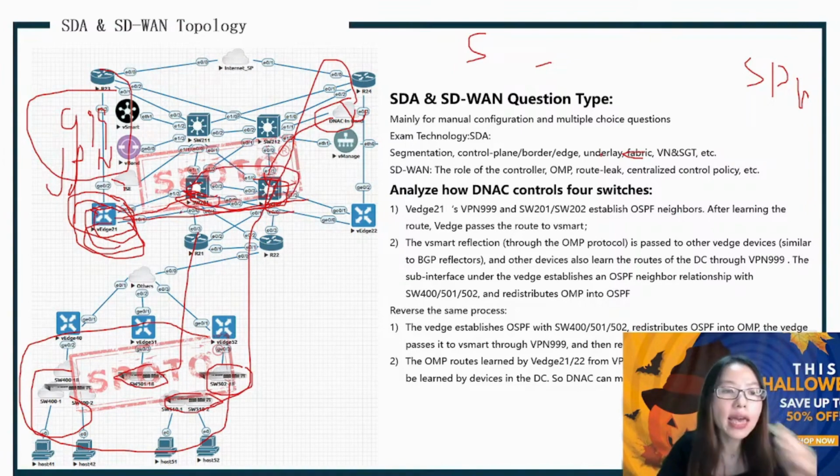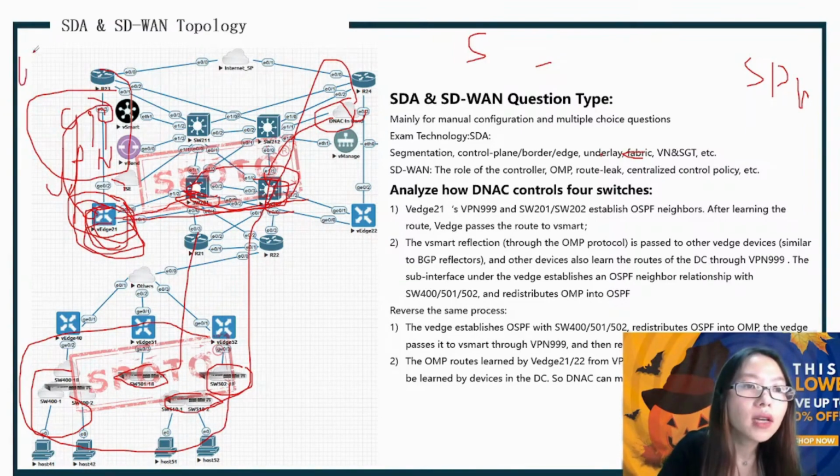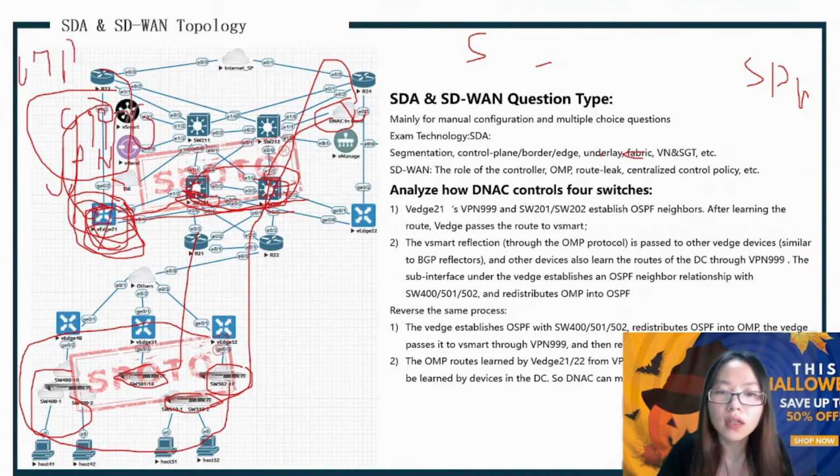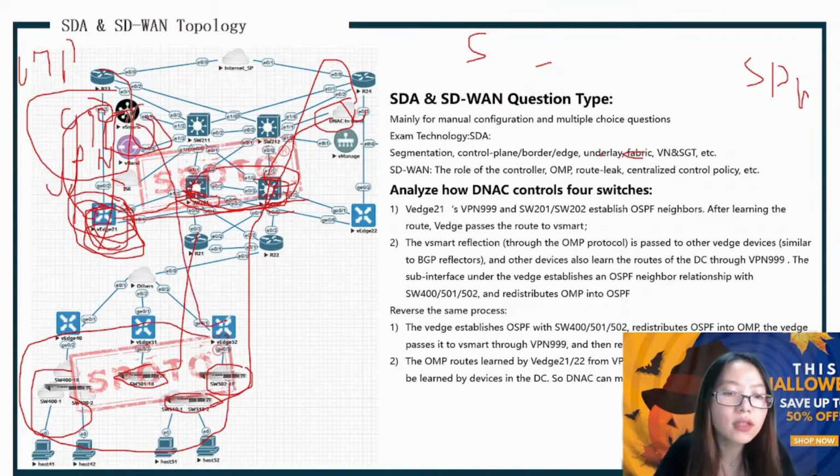Then VH will pass the route to vSmart through OMP. Then vSmart will reflect this route and pass it to other VH devices.